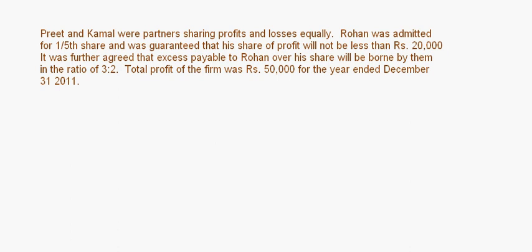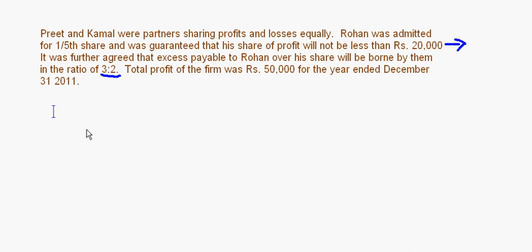The total profit of the firm was rupees 50,000 for the year ended 31st December 2011. Now this is the agreed ratio in which they will be sharing the deficit, and the guaranteed amount to Rohan is 20,000.